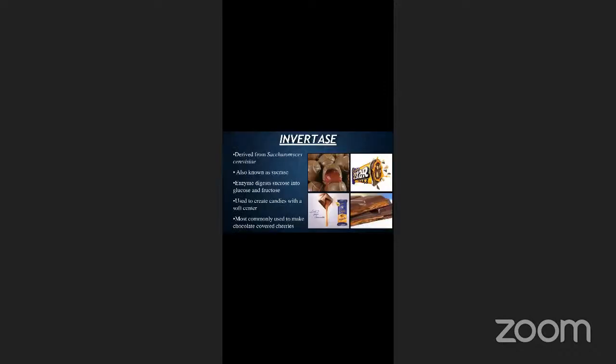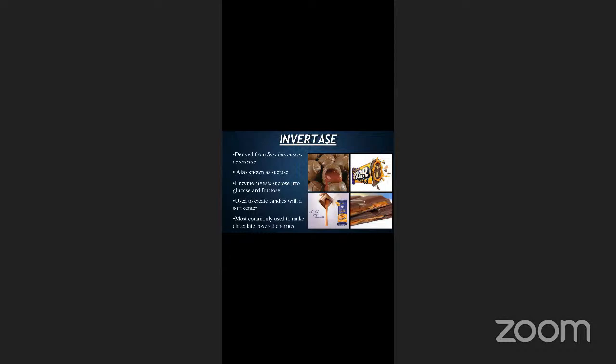Then another enzyme is invertase. This is derived from Saccharomyces cerevisiae. Invertase is also called sucrase. And this sucrase digests sucrose into glucose and fructose. We all know in carbohydrates, sucrose is a disaccharide which consists of glucose and fructose.